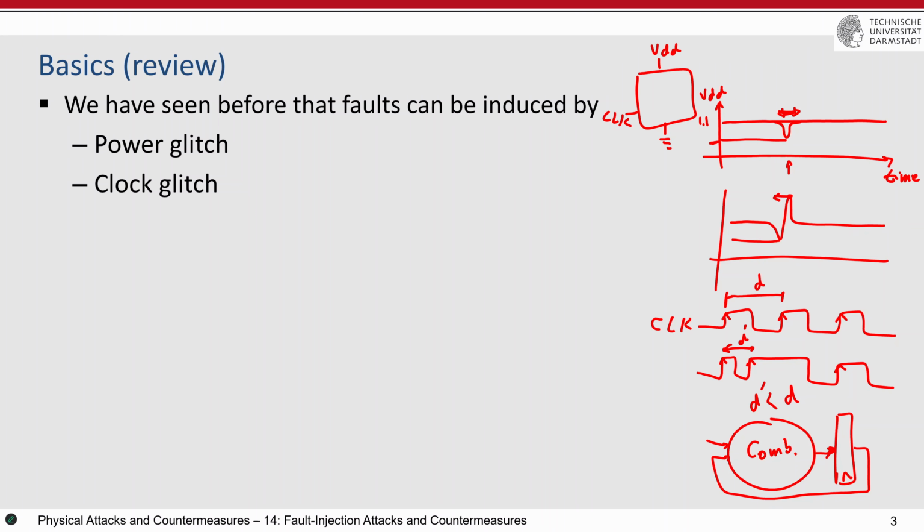And this is the clock glitch, and of course the duration of this clock is also important. If it's a little smaller than the critical path delay, for most of the inputs of the circuit it's fault-free without any problem, but for very few of them it will be problematic. And then you may inject the fault and directly exploit the values which are stored in the register. I have to say most of the devices that I know in practice, the clock is provided from the inside, internally, and usually this clock glitch is not possible.